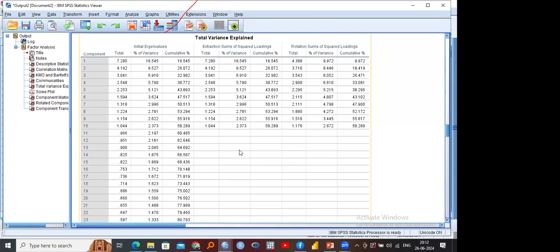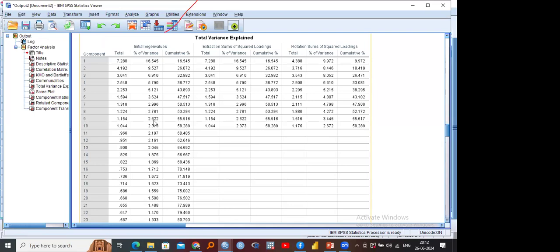Now basically this table is divided into 3 sections. If you can see, first is initial eigenvalue, then you have extraction, and then you have rotation. So first of all, I will begin with explaining what is initial eigenvalue. First of all, what is eigenvalue? Eigenvalue is basically how much variation the component is able to explain divided by total variation.